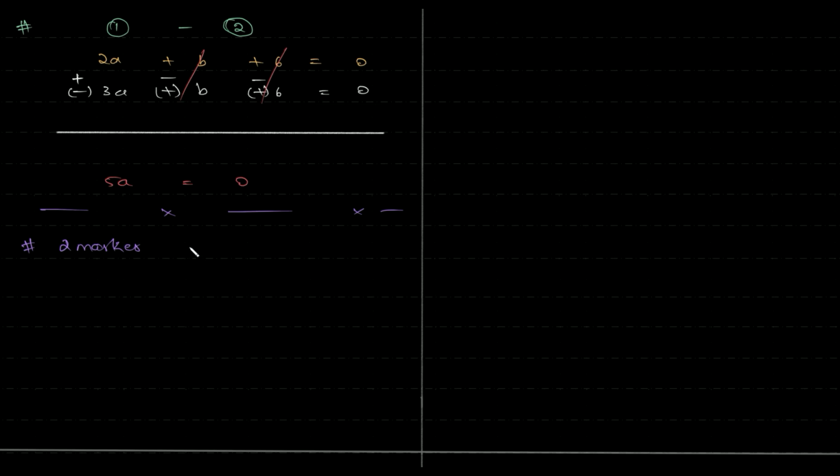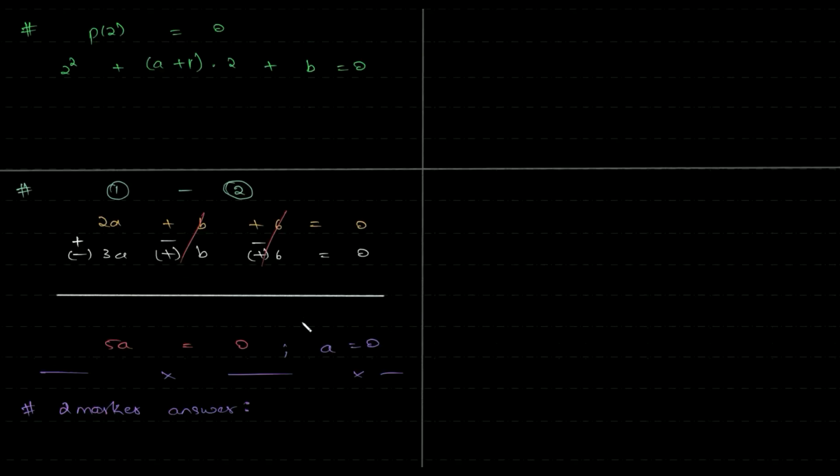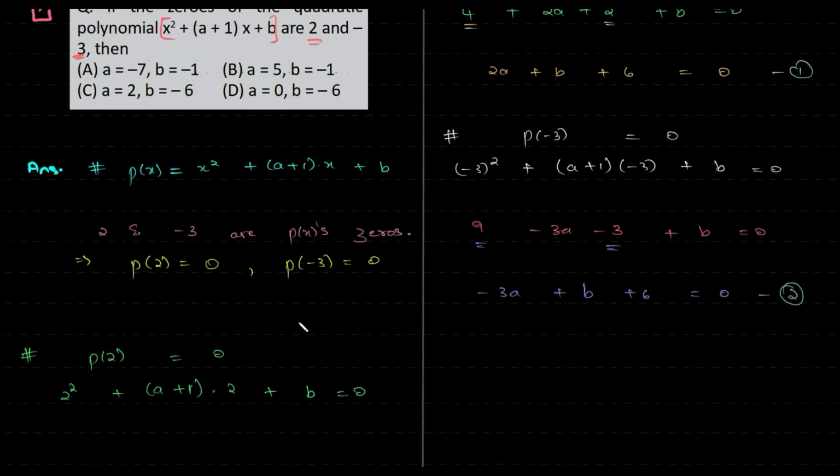But if they ask for a 2-marker or 3-marker, we got the value of a to be 0, and we're going to substitute it in 1 or 2, whatever you guys want it to be. Both look the same, so substitute a in equation 1.